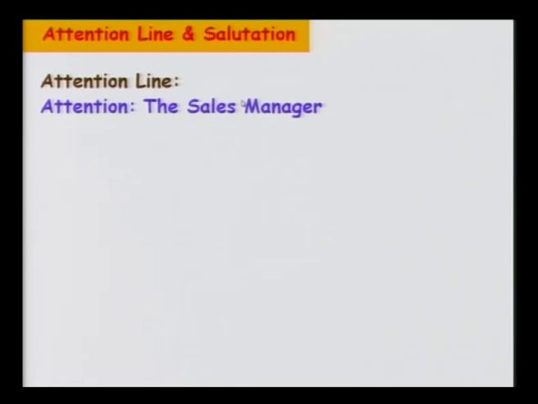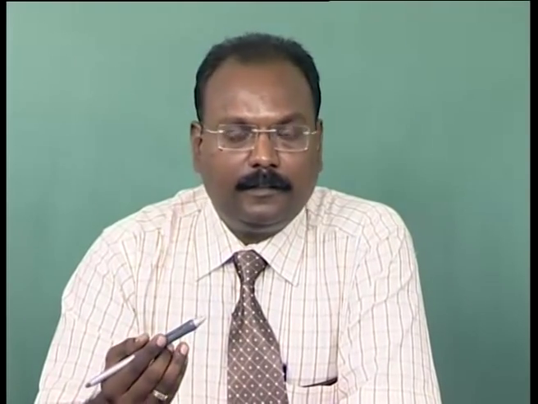What do we mean by attention line? Sometimes people do not actually realize the importance of this attention line and then they write without that particular attention.